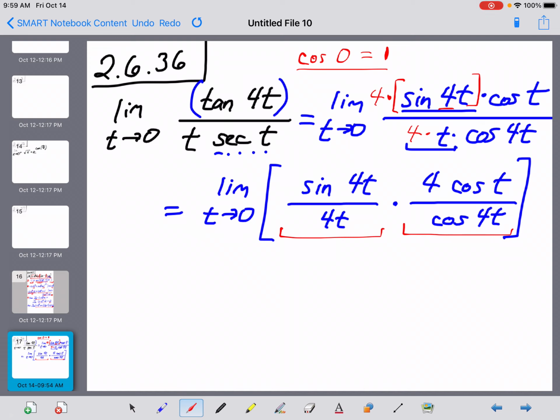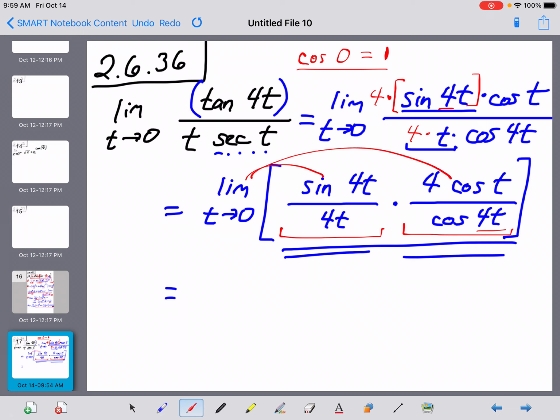So plug and chug should work fine there. Now I'm going to apply the product law for limits, meaning that the limit of a product is equal to the product of the 2 individual limits. So our first one, the limit as t approaches 0 of sine of any angle divided by that same angle, is just going to equal 1.